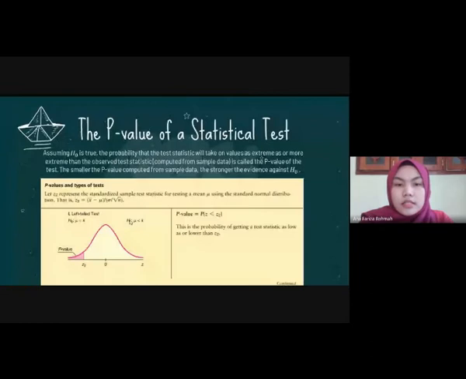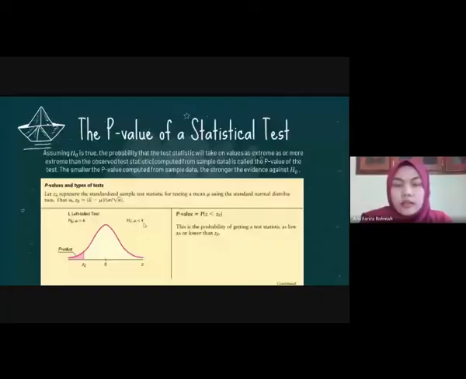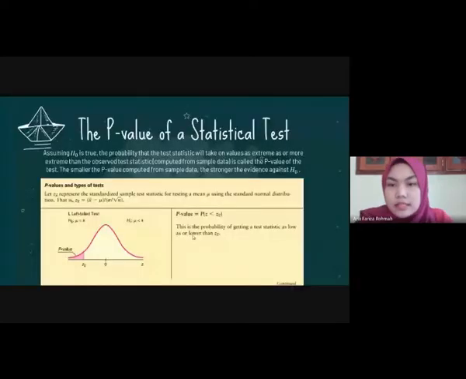If the null hypothesis is mu equals k and the alternate hypothesis is mu less than k, then the p-value is P(z < z(x bar)). This is the probability of getting a test statistic as low as or lower than z(x bar).